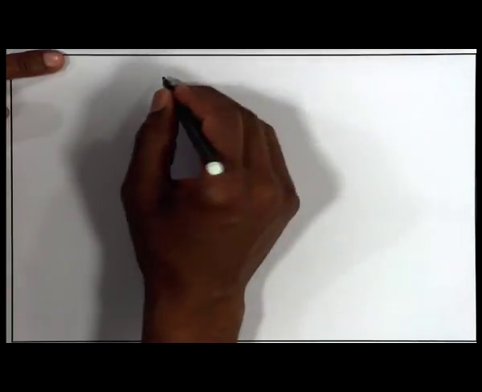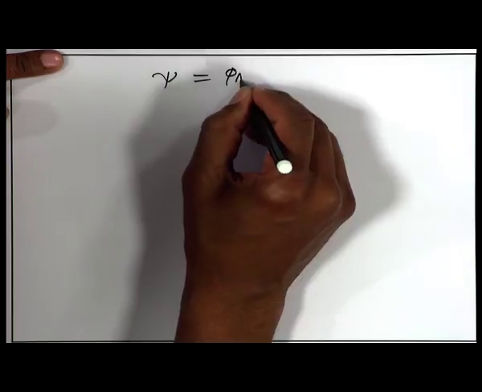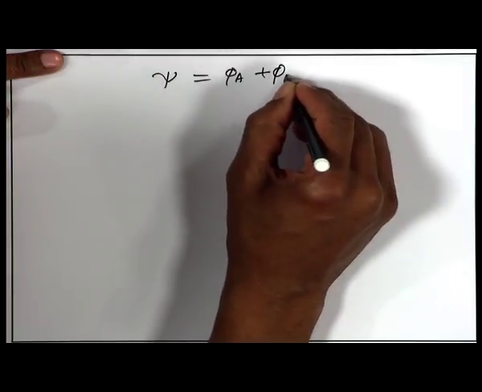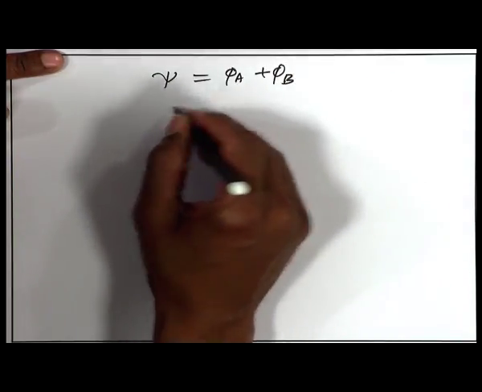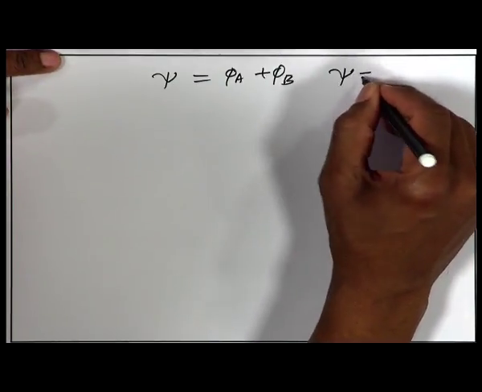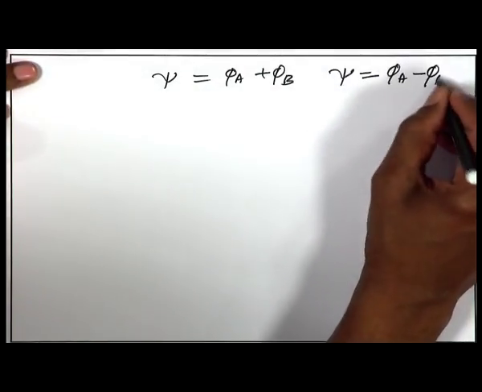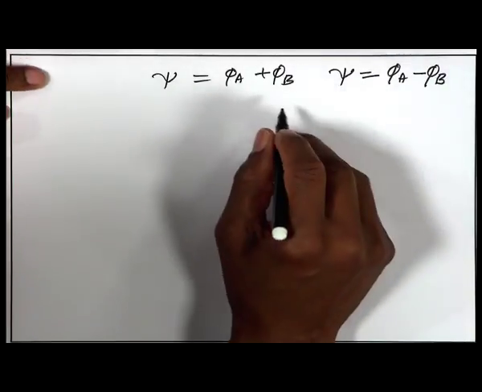Now, we have to understand these two equations. You have psi equal to phi a plus phi b, and then you have another situation, psi equal to phi a minus phi b. What is the meaning of these two equations?